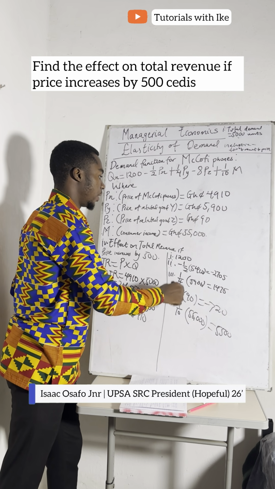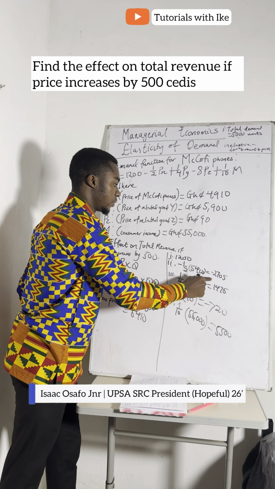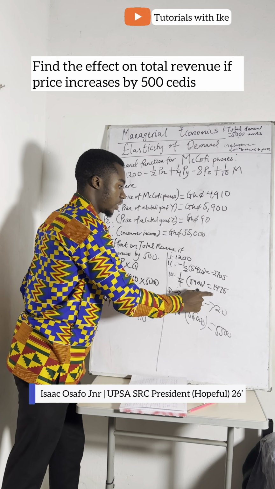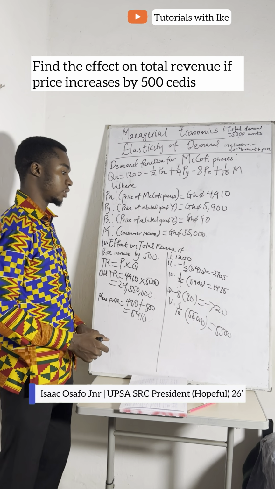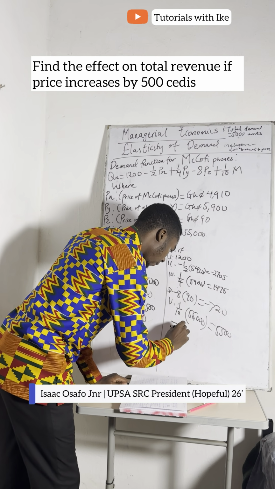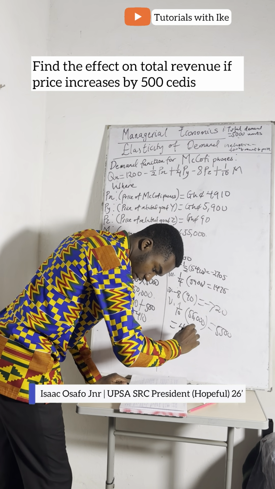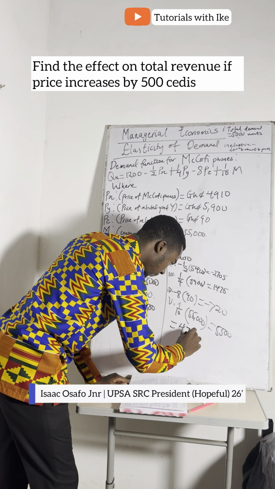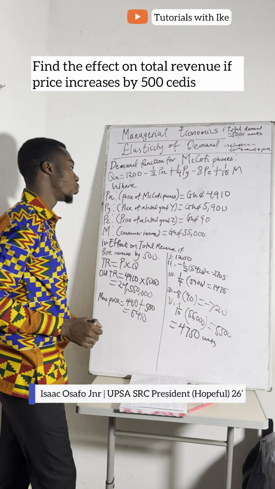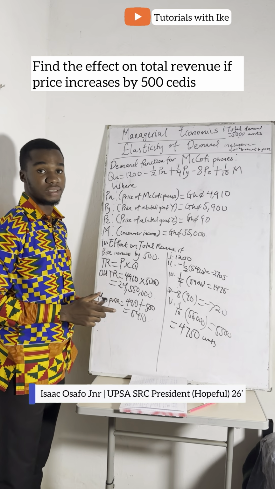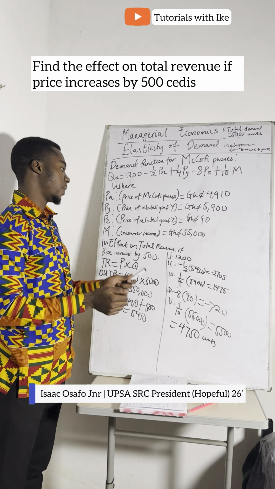And when we add all of them, 1,200 plus negative 2,705 plus 1,475 plus negative 720 plus 5,500, we should be getting 4,775, sorry, 4,750 units. So this is our new quantity or our new demand after the price has increased by 500.